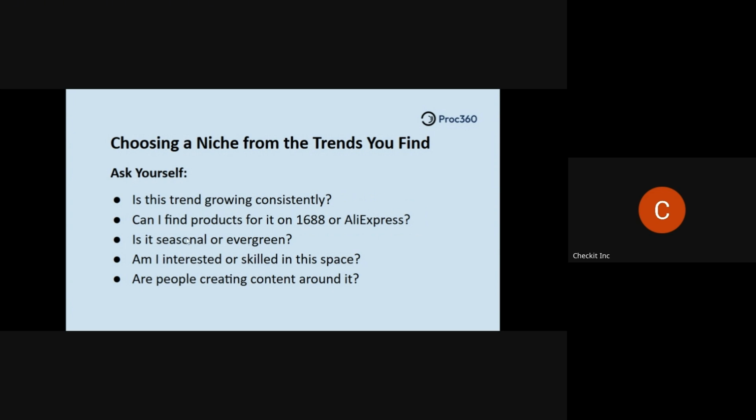Is it seasonal or evergreen? Is it going to sell during Christmas, or is it a stable product that I can sell all year round, that I will make money and sales from all year round? Am I interested or skilled in this place? So as much as we want to choose a niche based on what is trending, what people are saying, I think it's very important for us to be skilled in that place, to gather enough knowledge to be able to sell it, because that's one of the things that will make you stand out in your particular market.